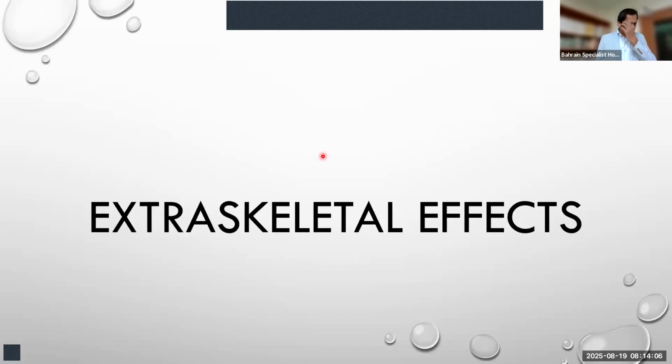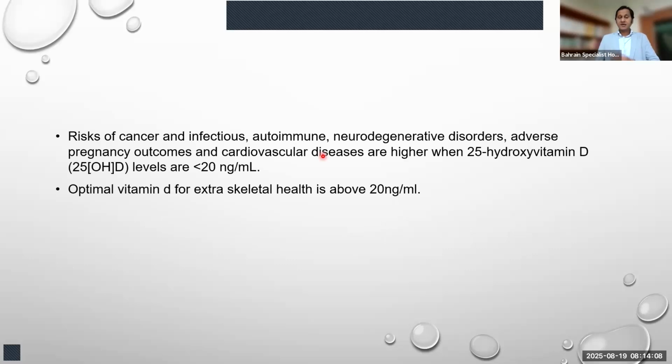So we will talk about extraskeletal effects. Vitamin D has been widely spoken about in terms of the risk that deficiency may lead to cancer. It increases the risk of infections, autoimmune diseases, and neurodegenerative disorders, and some studies showed adverse pregnancy outcomes. Cardiovascular diseases are more common when vitamin D is in the lower range.